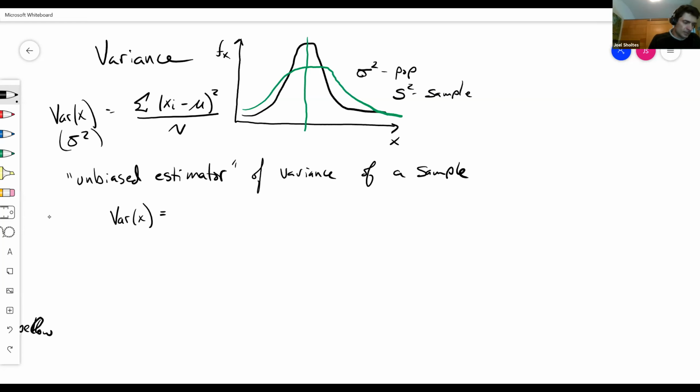And all we do is we simply divide by n minus 1. And we do the same thing. We sum up the differences between, in this case, x bar and our individual observations. And that's going to be equal to S squared. So when we have a sample, this is the equation we want to use, with that n minus 1 on the bottom.